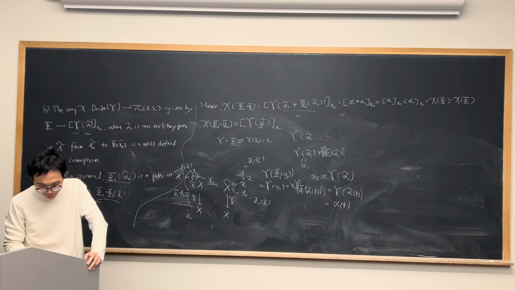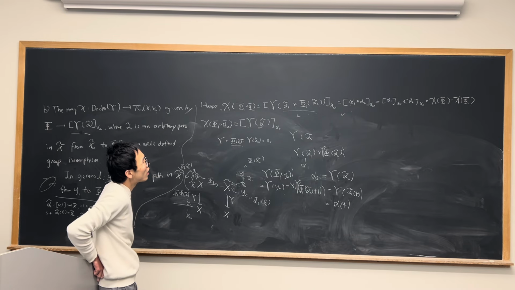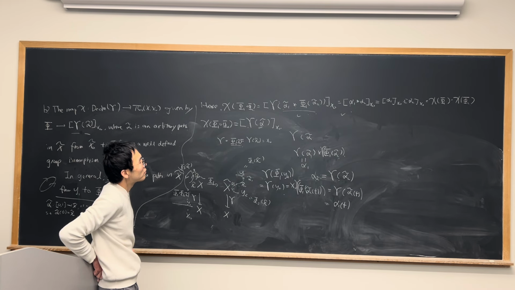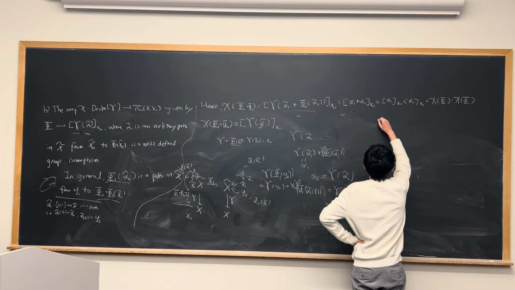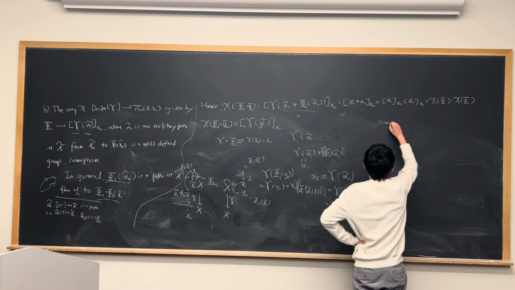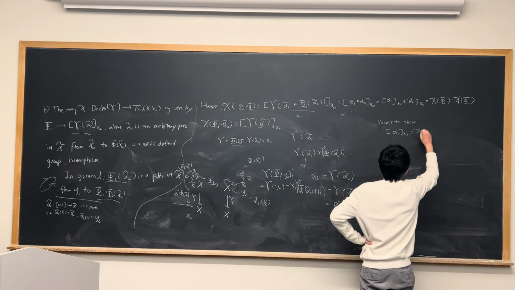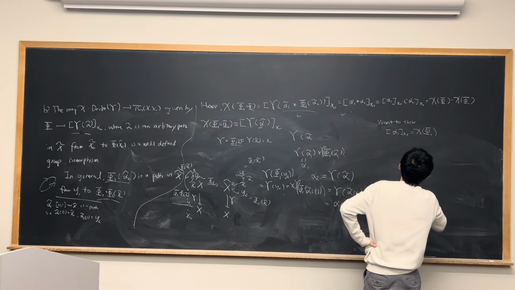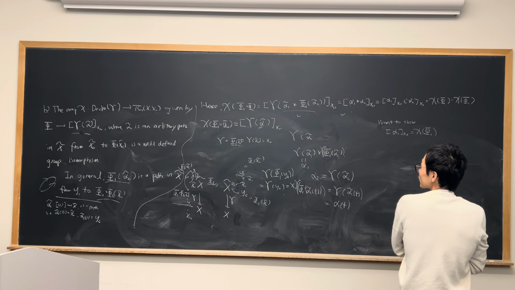Okay, and then what you have is... okay, so y is equal to, okay, I want to show this is equal to chi of... I want to show that, okay, so y is equal to that because... oh yeah, this is by... wait.